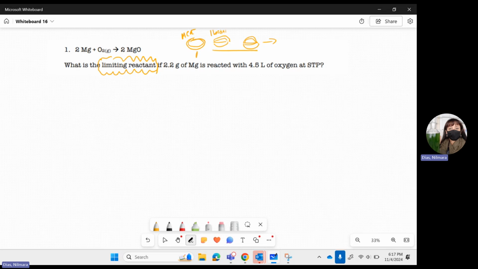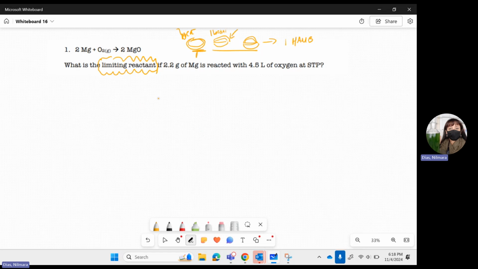It doesn't matter how many breads I have, I will keep forming just one full hamburger, because I just have one meat. So the limit here is the meat and the excess is the bread.